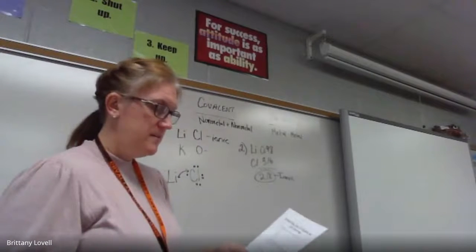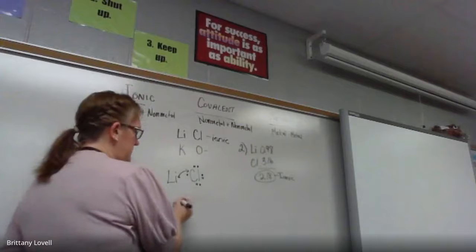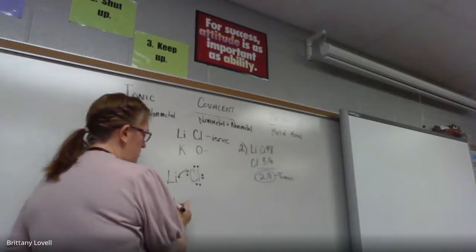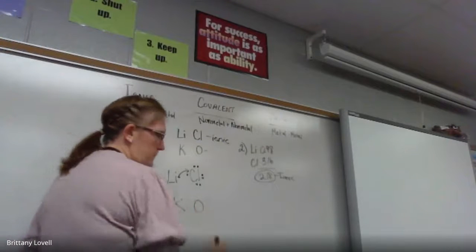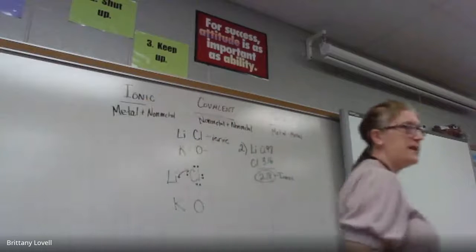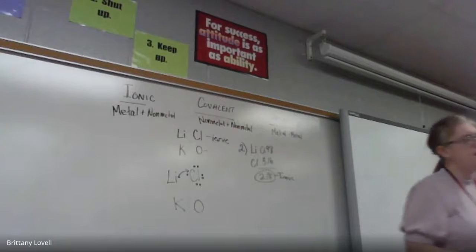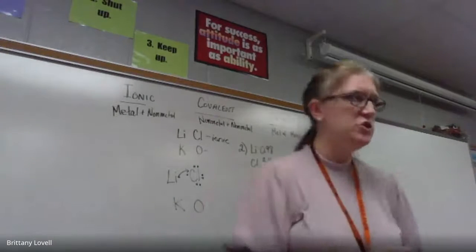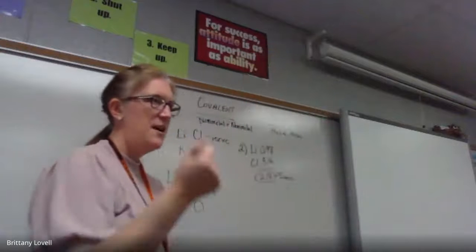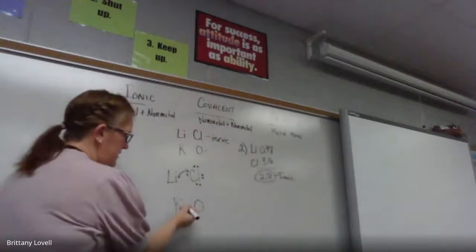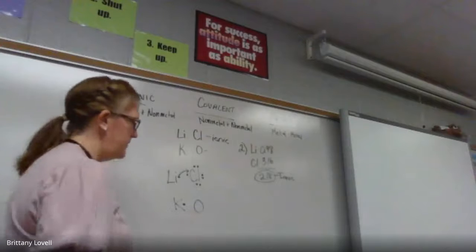Okay. So for instance, on K and O, everybody look at the chart and find potassium, K. See what group it's in? It's in group 1. How many valence electrons would you show? How many dots? 1. Good. 1 dot.